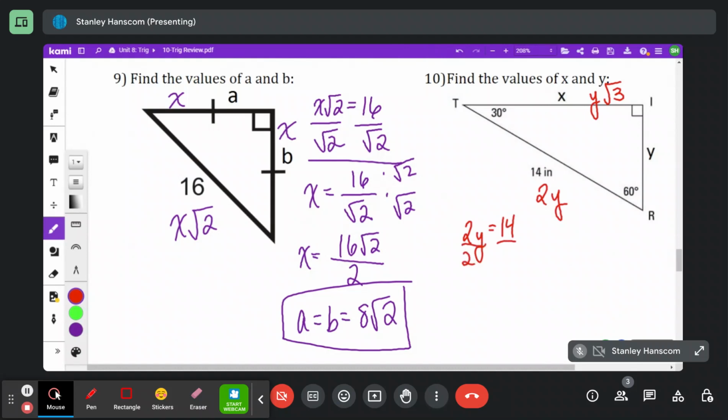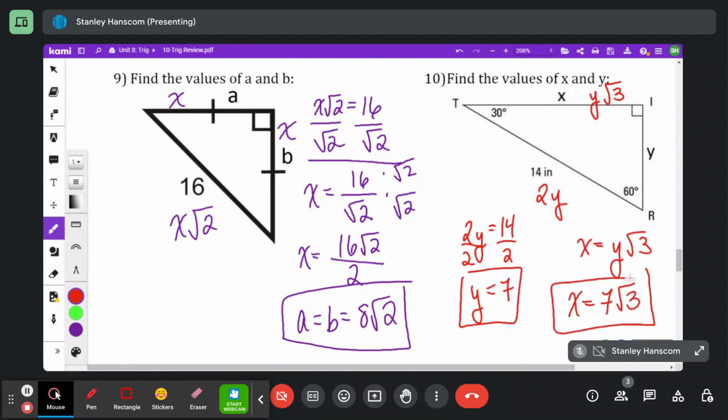So we know y is equal to 7 in this case. And then because I said x was equal to y radical 3 from the ratio, in this case, x is 7 radical 3. And so we can do these questions with missing sides without the perfect use of trig, and instead use the special right triangle so we don't have to round.